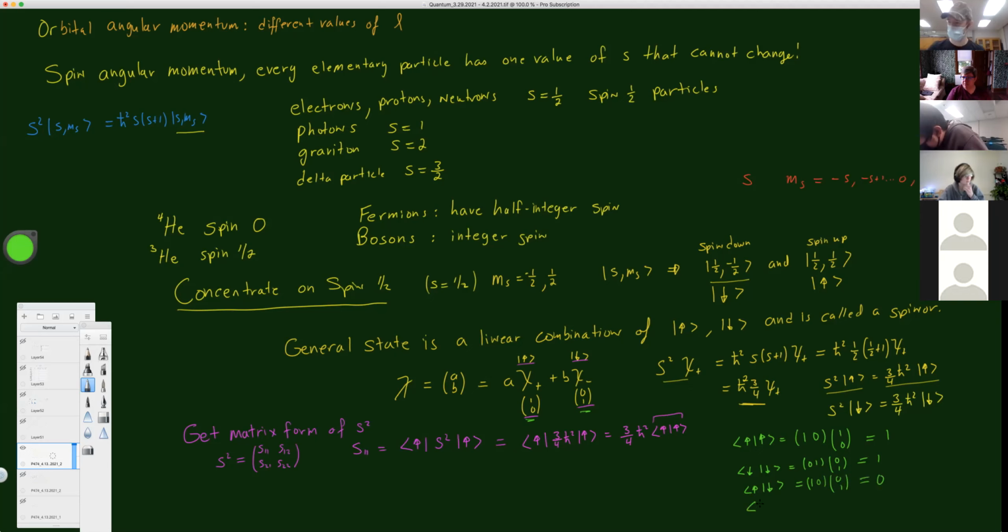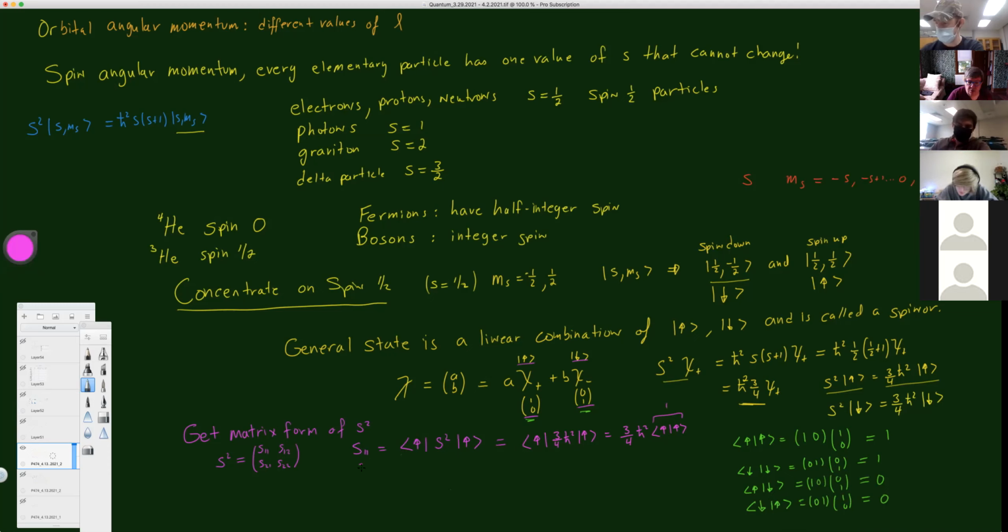Similar thing with the down first and the up next. These are orthogonal states. And as Jackson said, that has consequences in this calculation, because anytime we have a matrix element that's off the diagonal, it's going to give us 0.